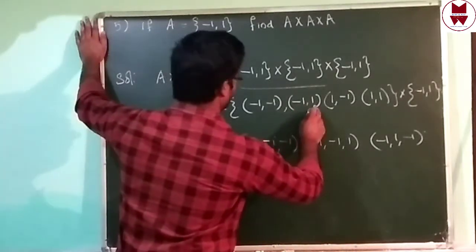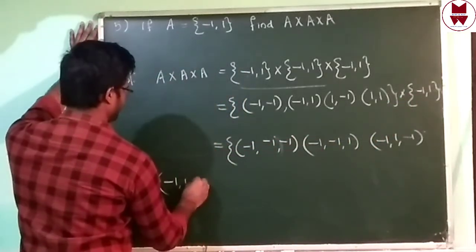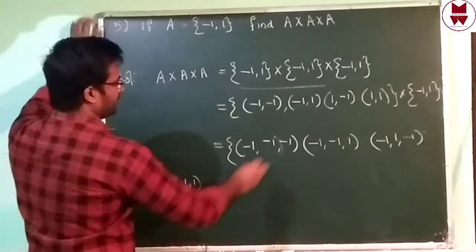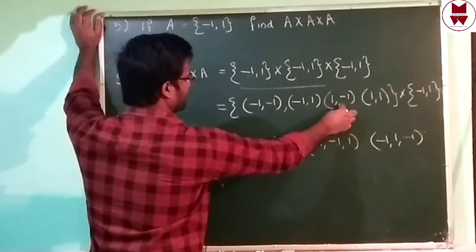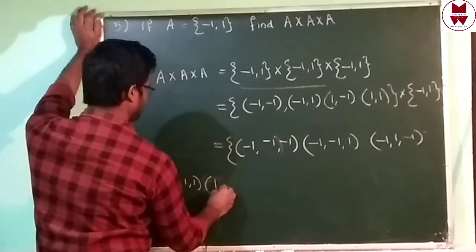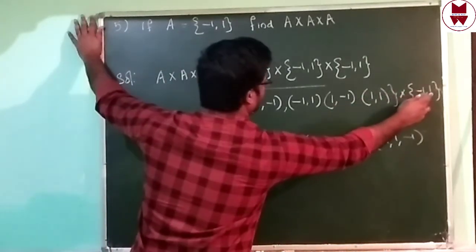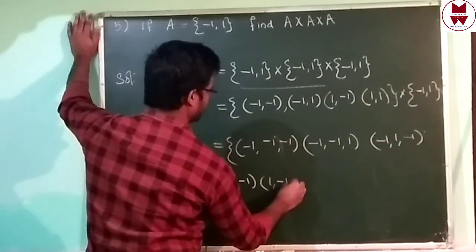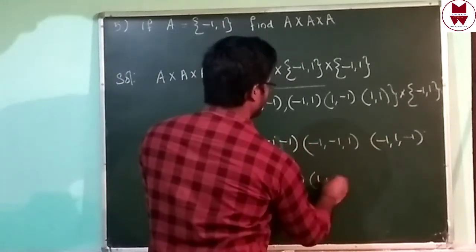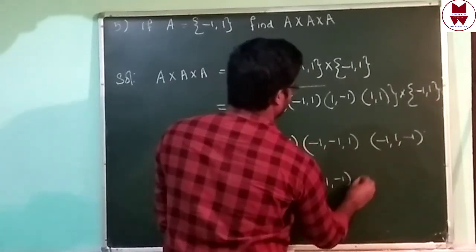Then -1, 1, -1, and -1, 1, 1. Using the second element we did 2 times. Then use the third element, that is 1, -1, -1 and 1, -1, 1. Then use the fourth element, that is 1, 1, -1 and 1, 1, 1.